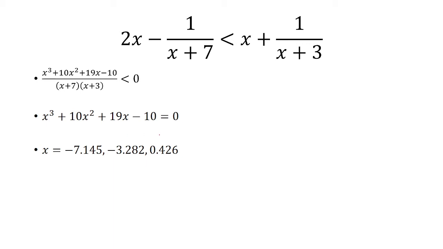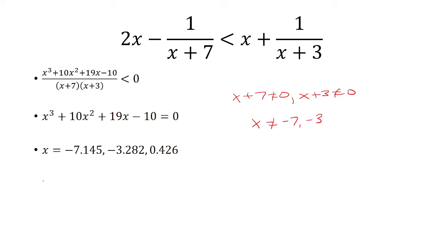And now you should also do when the bottom is 0, because these values we don't want to include. So basically you have x plus 7 equal to 0, x plus 3 equal to 0. So you want to make sure that x does not equal negative 7 or negative 3.